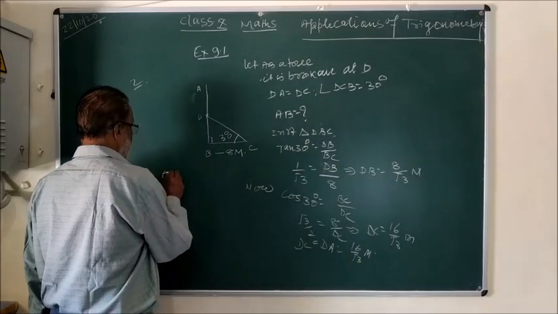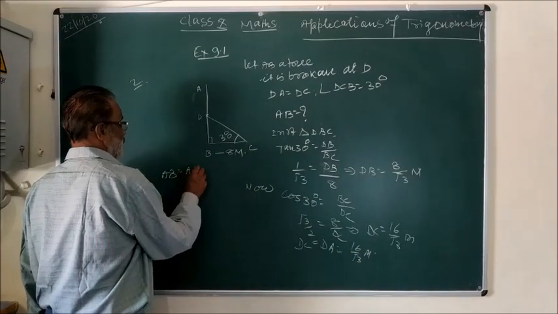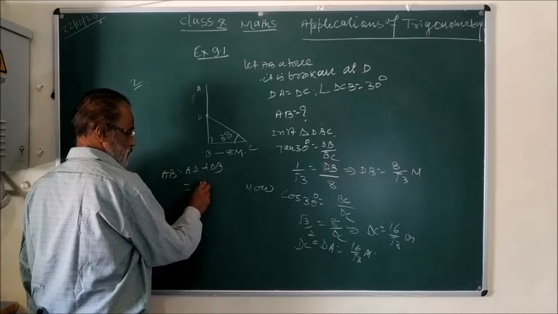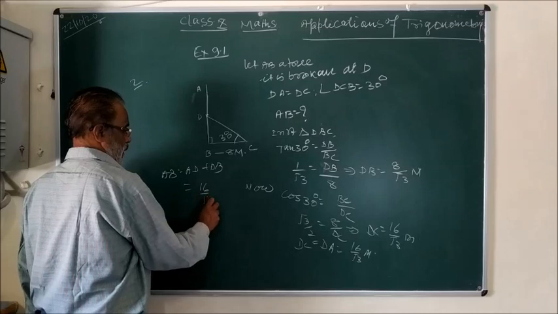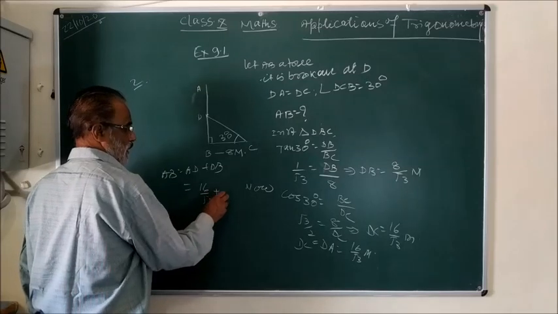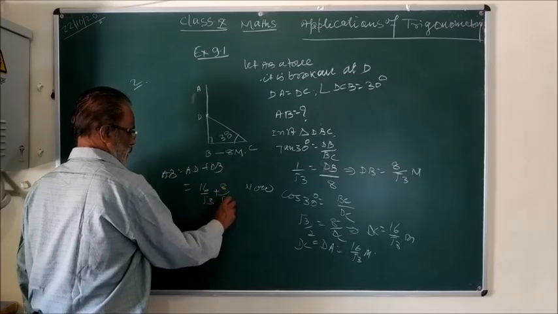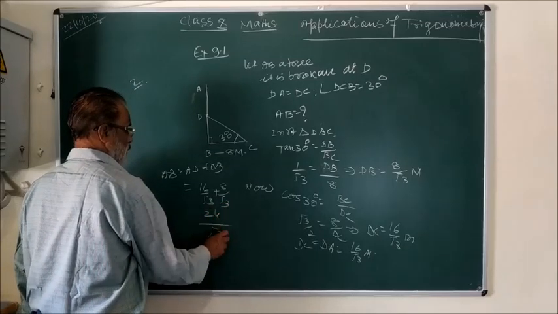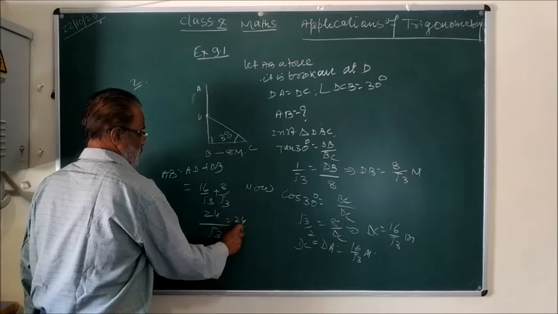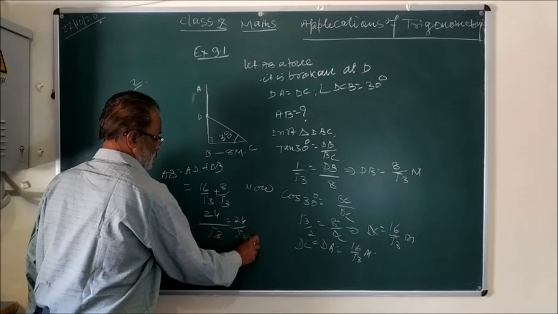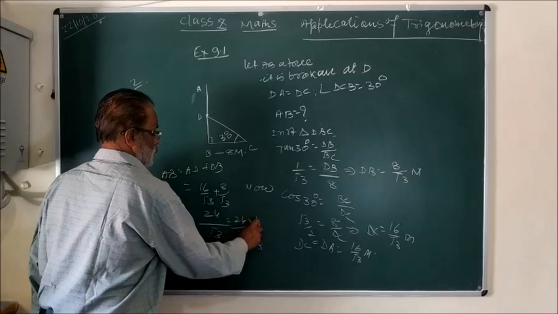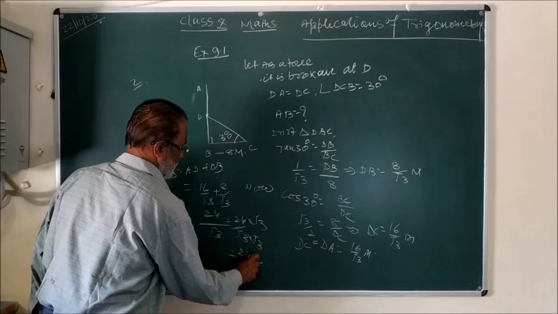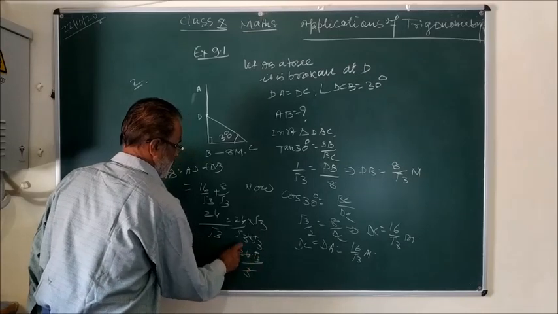Now you find AB. AB is equal to, you see the figure, AD plus DB. So AD we have found 16 by root 3, plus DB we have calculated 8 by root 3, and then you simplify. So this will be 24 by root 3, or rationalize it. When you get a root in the denominator, you reduce to the simplest form by rationalizing the denominator. So 24 upon 3 root 3, this will be cancelled.